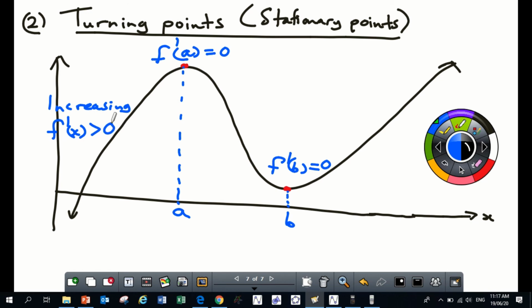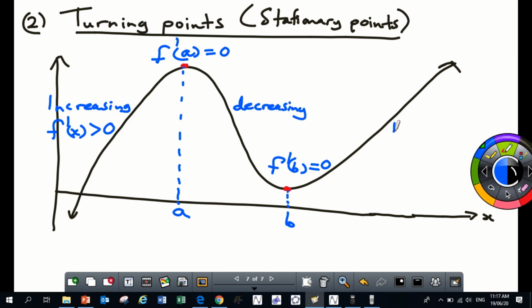And then here it will be decreasing, and there it will be increasing. So f prime of x is greater than 0 here, and here f prime of x will be less than 0.